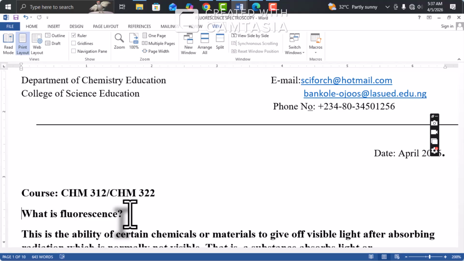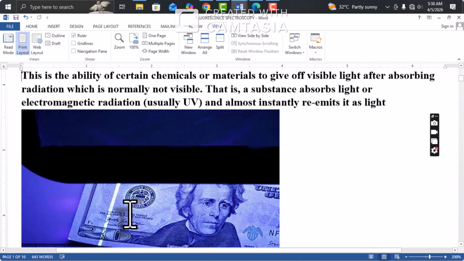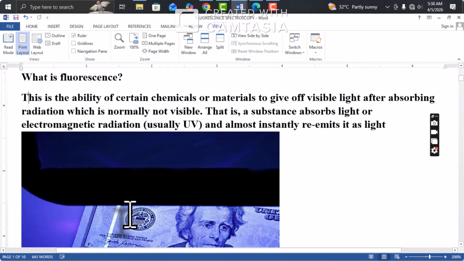But before I move into the core aspect of my lecture, I'll be delving into what fluorescence is first of all. So what is fluorescence? This is the ability of certain chemicals or materials to give off visible light after absorbing radiation, which is normally not visible.